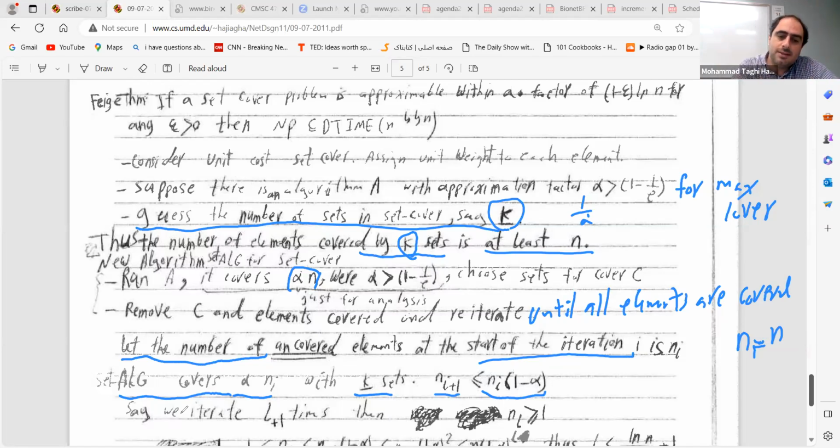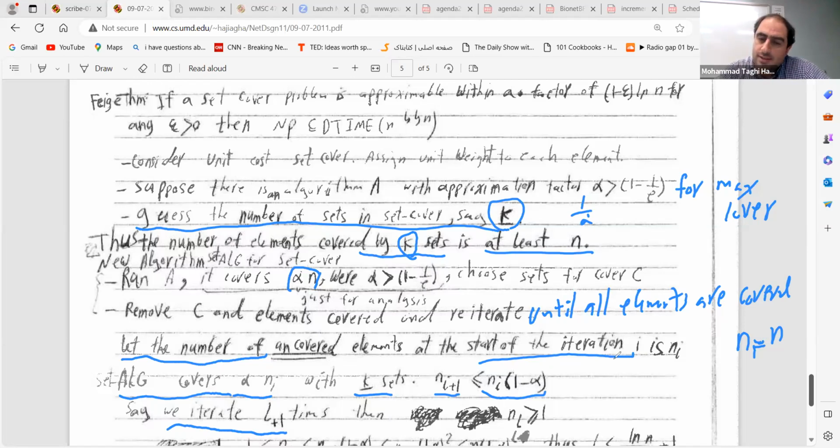Good. So if we iterate L plus 1 times, we know that the solution to the set cover was k. We know that n_L is greater than or equal to 1 by definition, otherwise we wouldn't have done the L plus 1 iterations. L is the number of iterations.